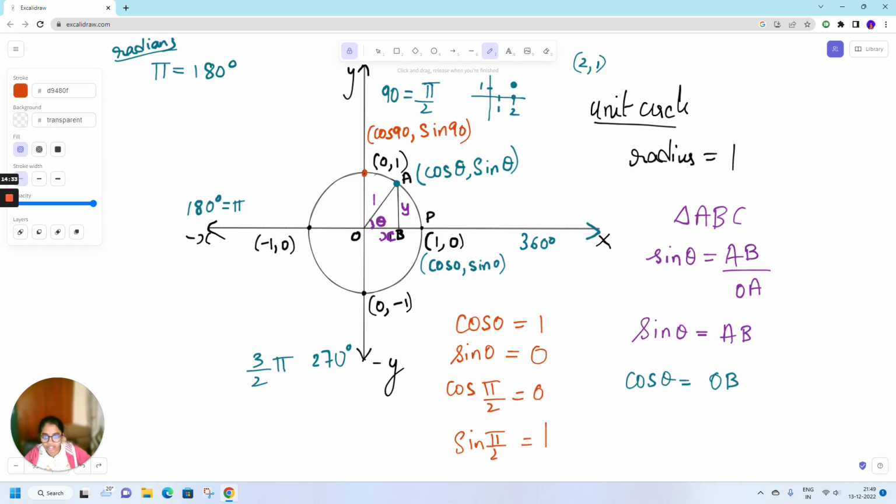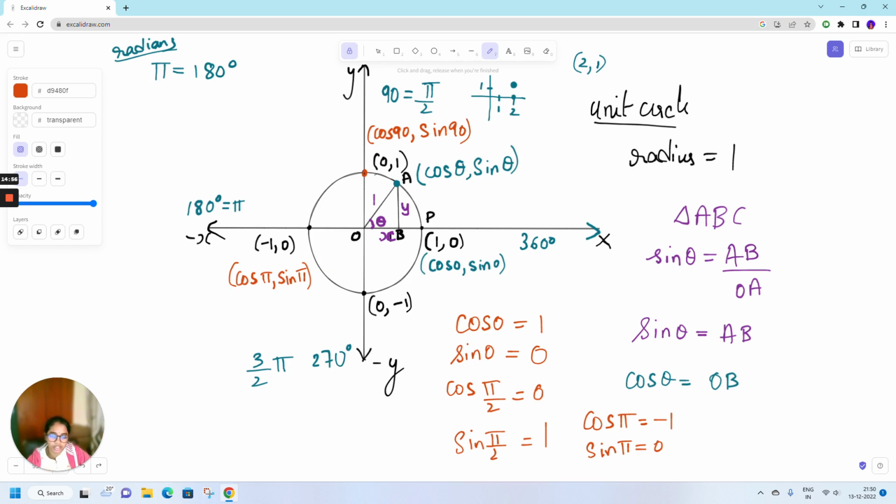Similarly, if I move further, cos pi is -1 and sin pi is 0.